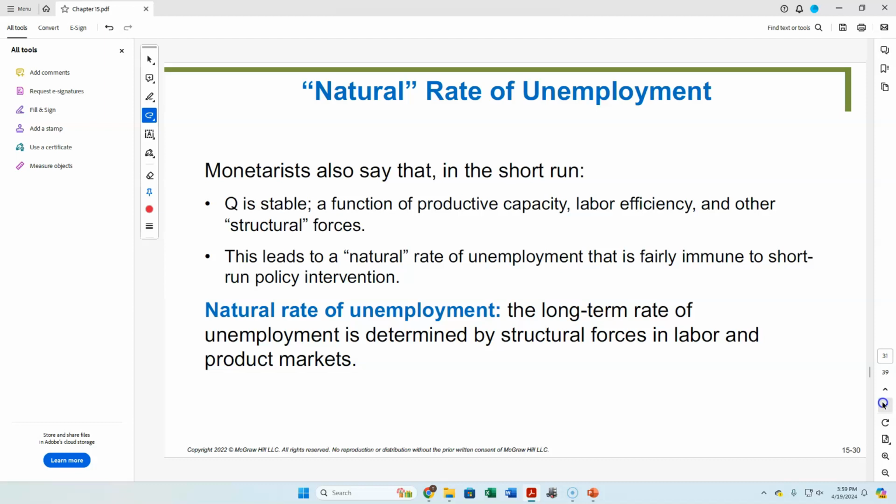And these monetarists as well, and I already said this, but the Q is relatively stable largely because we're operating on the production possibilities frontier, which would mean that the only unemployment we have is just natural unemployment, that structural and frictional unemployment that always seems to exist.